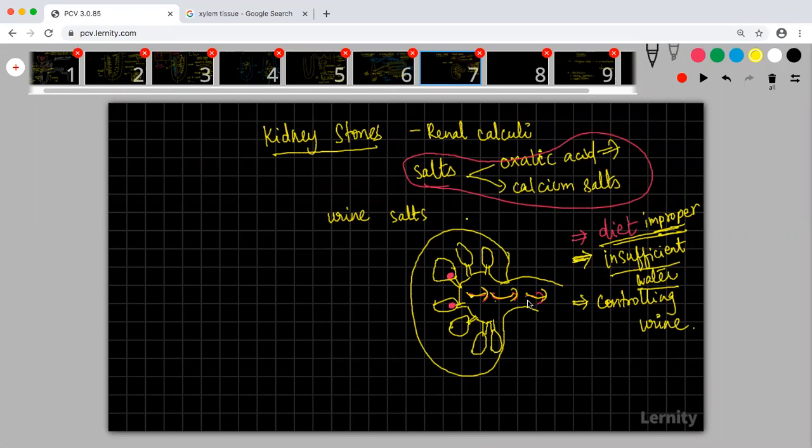And when you are controlling urine also, this will happen. You should not control urine. If you are getting urine, you have to get out. At least once in 2 hours you can pass urine. That is the normal frequency.